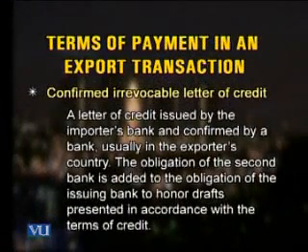But if banks are involved and it is a confirmed irrevocable letter of credit, that means the importer has submitted the import documents to his local bank in his country, and the local bank has forwarded these documents with a guarantee that the bank is going to pay if the goods are shipped accordingly. Those documents are then transferred to a bank in the exporter's country.